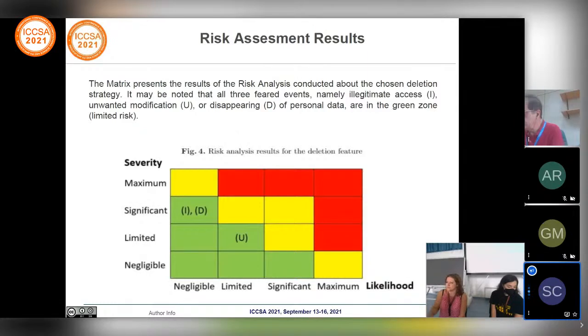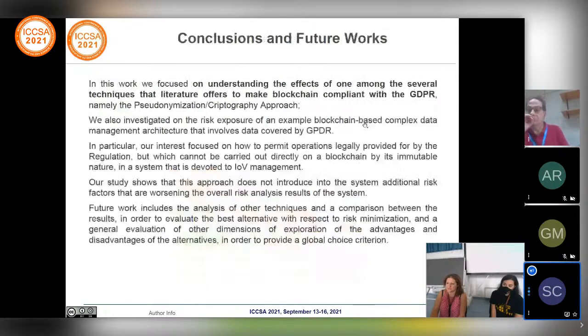Finally, we can conclude that in this work we focused on understanding the effects of one among the several techniques that the literature offers to make blockchain compliant with the GDPR, in particular the pseudonymization and cryptography approach. We also investigated the risk exposure of an example blockchain-based complex data management architecture that involves data that need to be covered by GDPR.